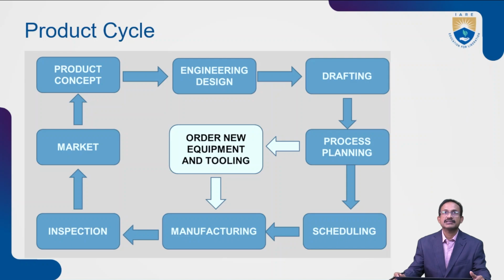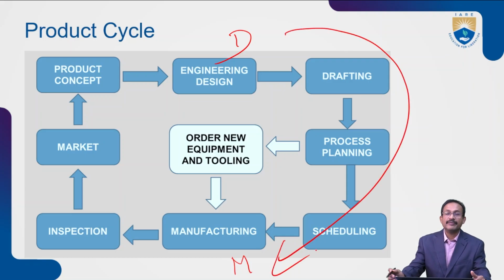Now let us discuss engineering design. Let us discuss the peripheral. It starts with design and ends somewhere at manufacturing. So in product cycle, design to manufacturing will be the flow.